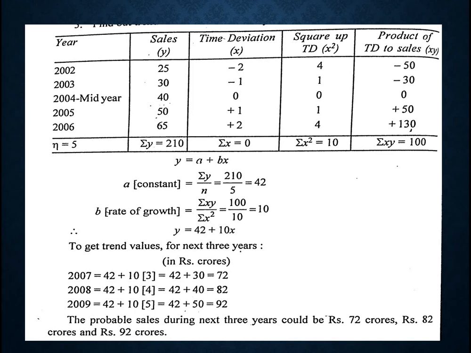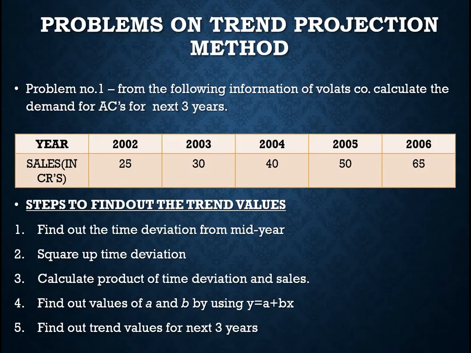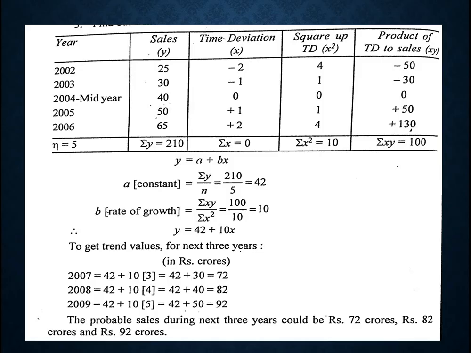Now look at the solution. Here we have to write down the given values and start calculating. In the first column you write the years, 2002 to 2006, that is 2002, 2003, 2004, 2005 and 2006.